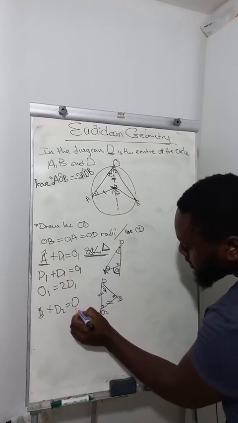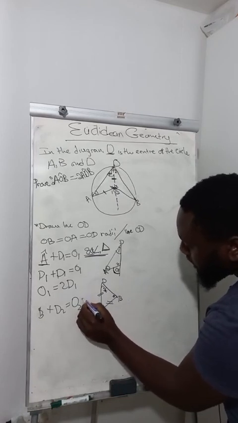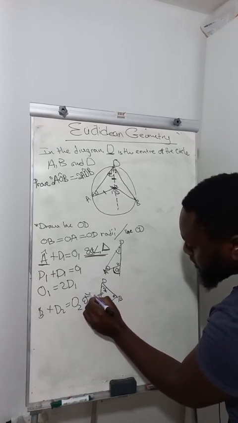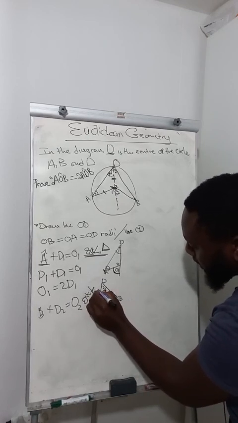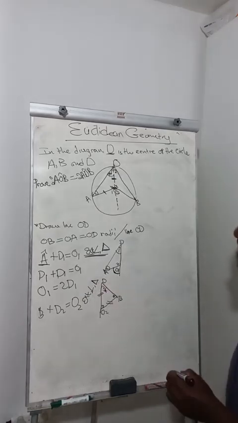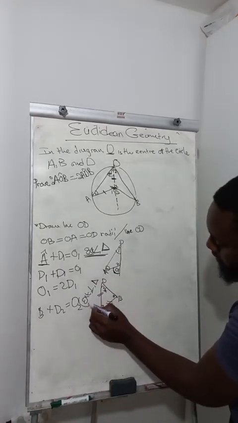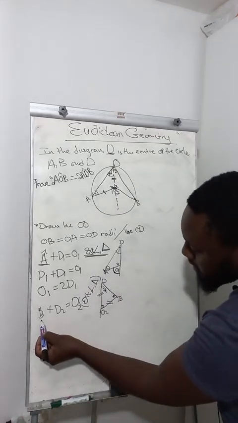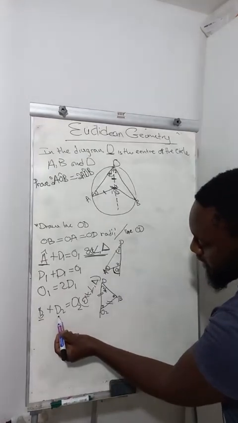It's not a G, it's a 2, and then O2. The reason here will still be exterior angle of a triangle. So you'll still have this reason here.